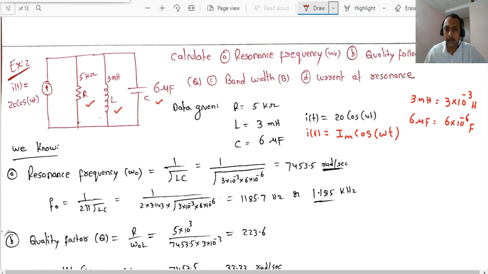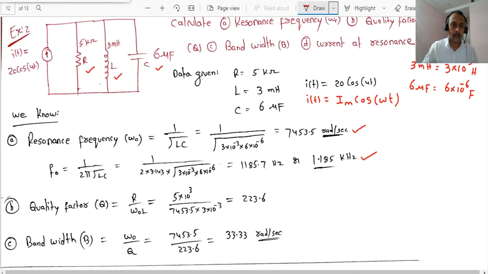Then only you will get the correct answer. If you are in a hurry and forget this milli and micro, you will get the wrong answer, right? Now, 7453.5 radians per second. If I want f naught, it is equal to 1 by 2 pi root LC, and if I express it in kilohertz, we will get 1.185 kilohertz. What about quality factor?